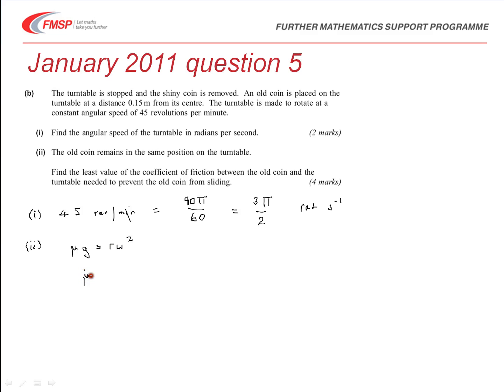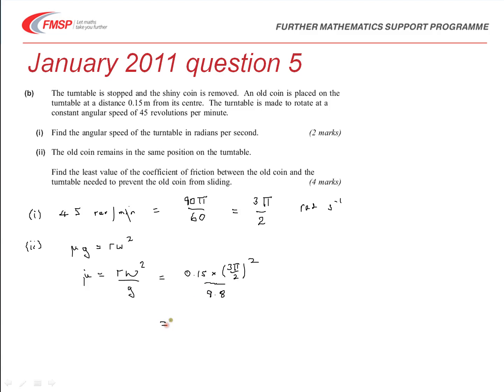So mu must equal r omega squared over g, which is going to give us a value of r, which is 0.15, times omega, which is 3 pi over 2 squared, and then that is all divided by g, which we can take as 9.8 meters per second squared.